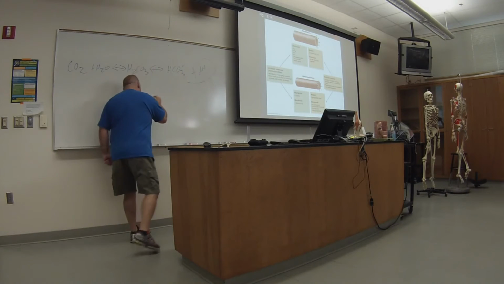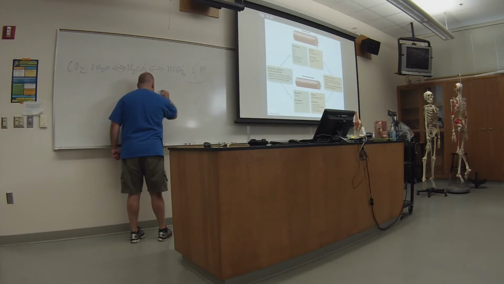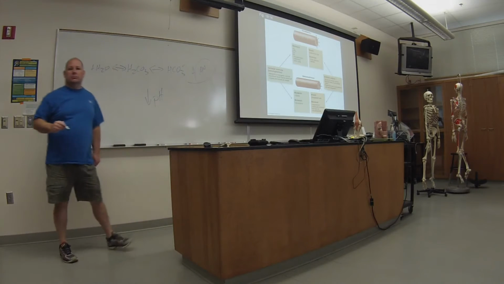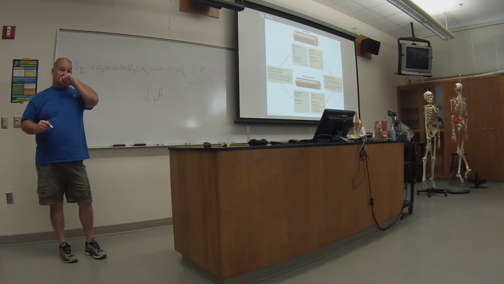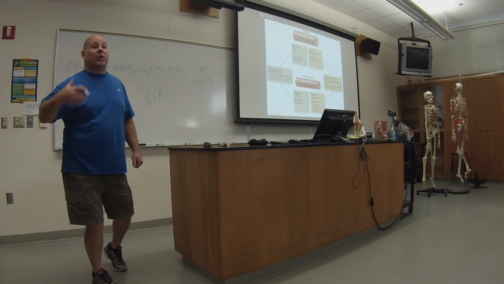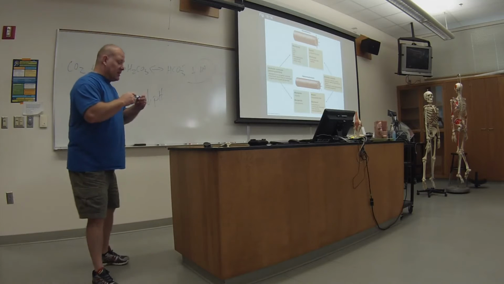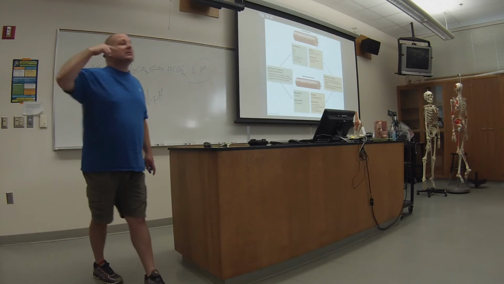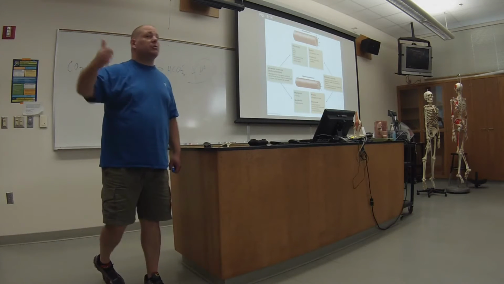And the more that I have, decreases my pH. So CO2 is a waste. I don't want it. So whenever we're producing more CO2, that's going to be the body's signal to say, hey, we probably need to send more blood to the area to pick up the CO2 to get rid of it out of the body.